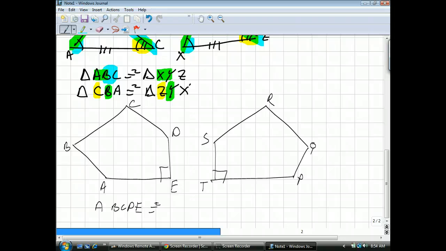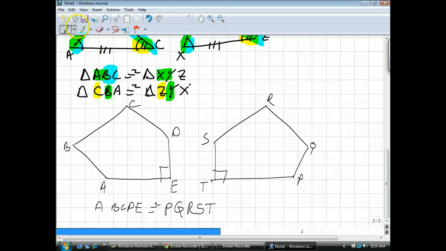So A corresponds to P, B corresponds to Q, C corresponds to R, D corresponds to S, and E corresponds to T. Okay? So I would have to list it in that order because I list corresponding parts.